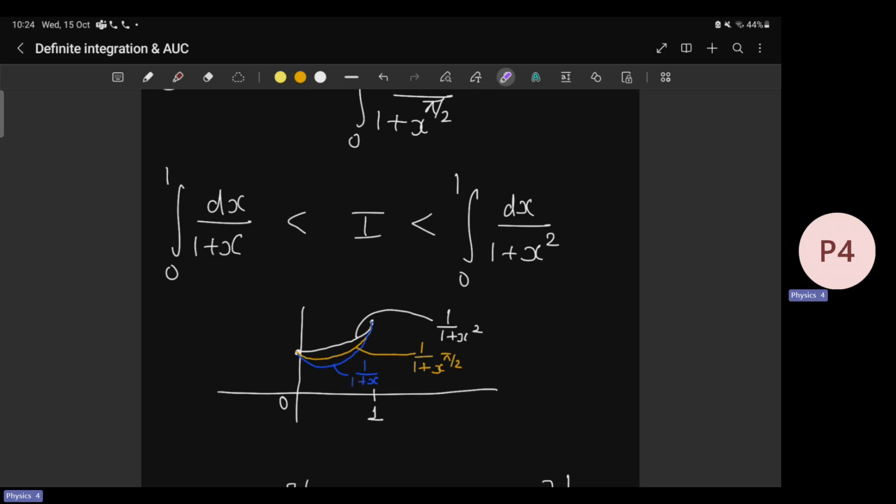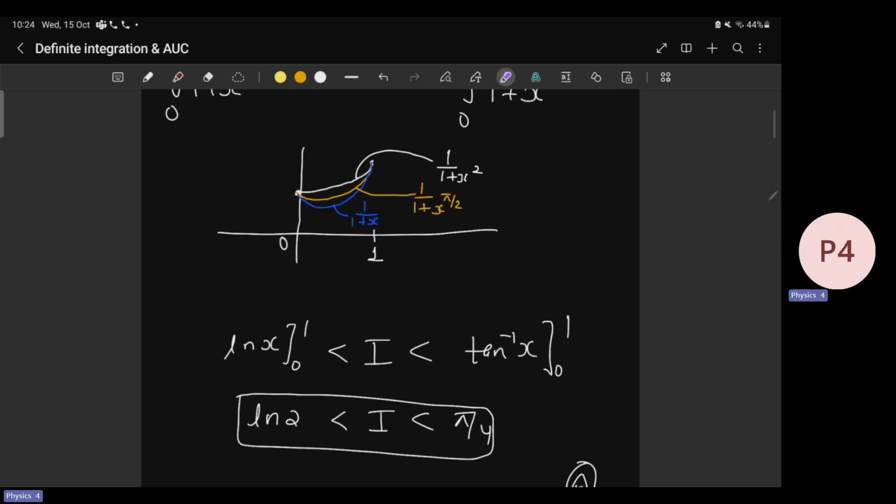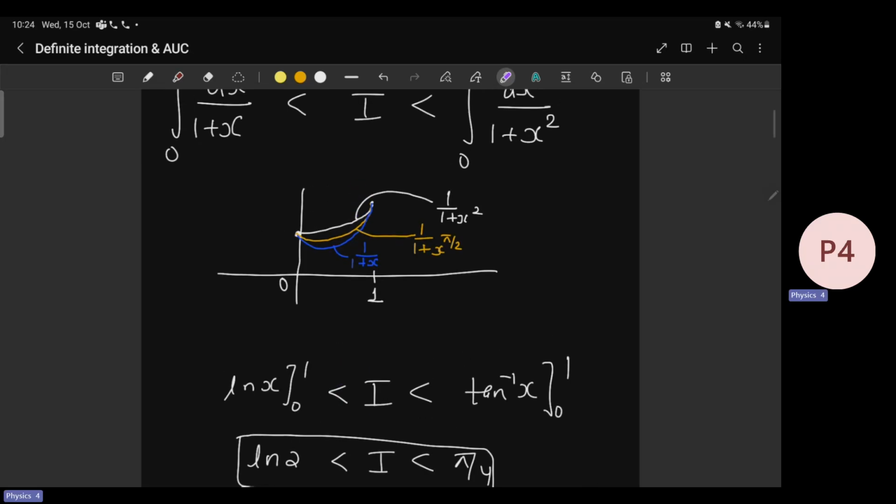So we can say the area required will be greater than the integral of dx upon 1 plus x from 0 to 1 and lesser than the integral of dx upon 1 plus x square from 0 to 1. So we can find out the limit of I. The integration of 1 upon 1 plus x is ln of 1 plus x.